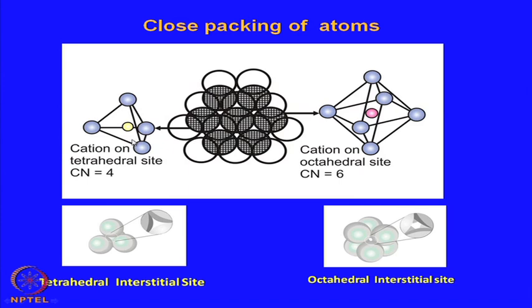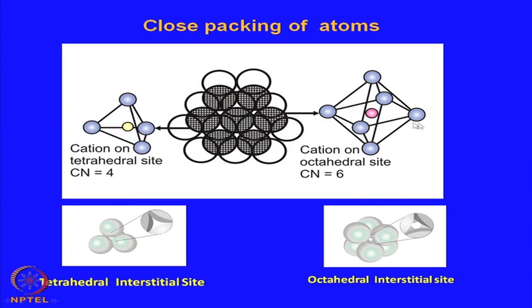So, in between you have a space not filled by atoms. There is another kind of interstitial site created by the same arrangement of 2 close packed layers, in which you will see a bi-pyramid kind of structure.